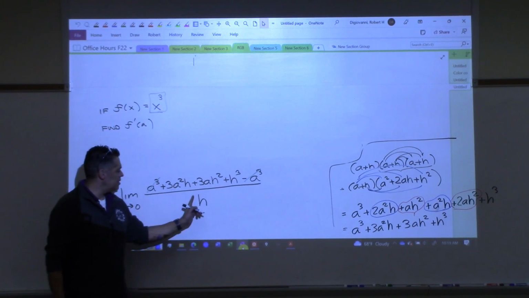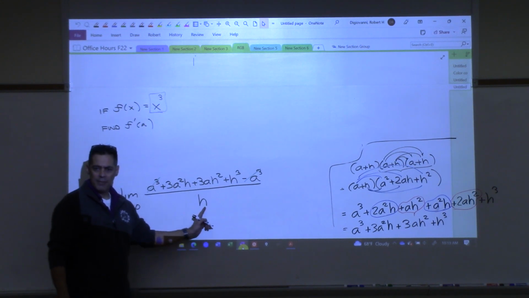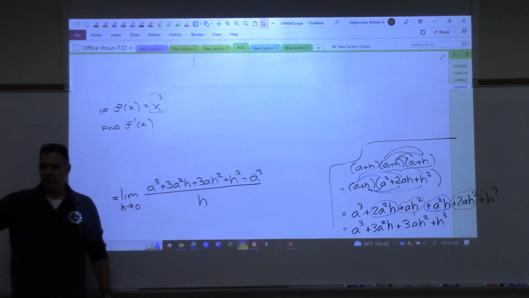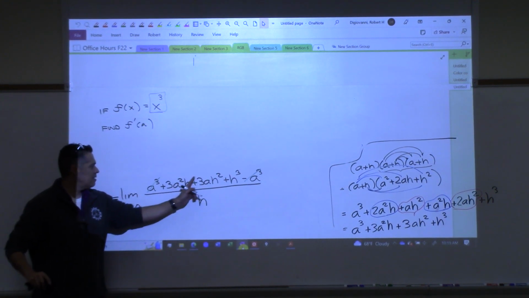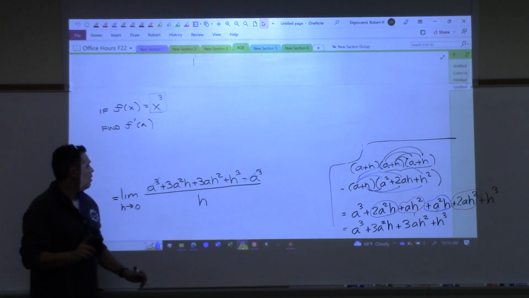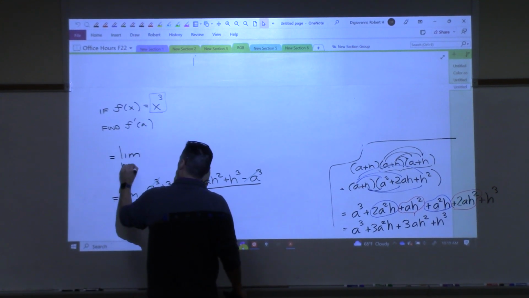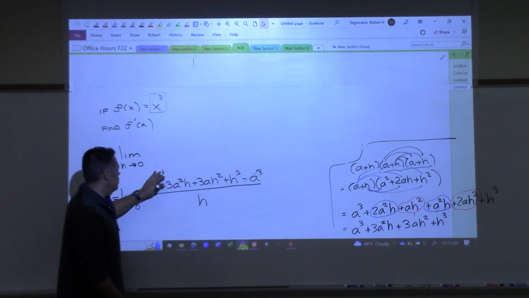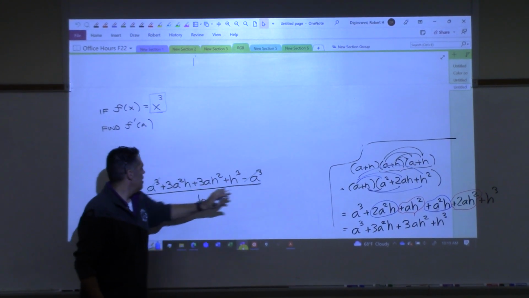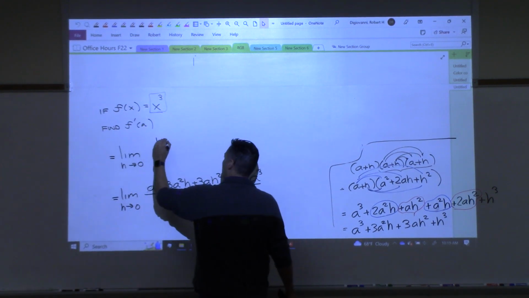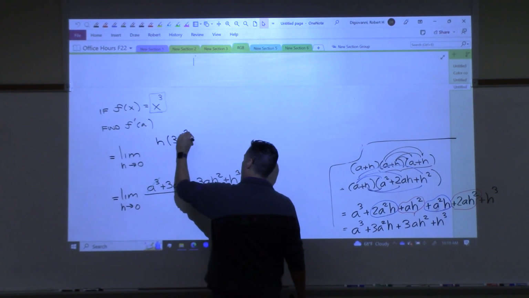Notice that our goal is to get the h to cancel. Do you see that everything that's left here has at least one h in it? There's an h here, h squared, h cubed. So watch what I do on the next line. I'm going to put it above this one. In the numerator, because the a cubes are gone, those 2 are gone. I'm going to, out of these 3, pull an h out. I'm going to factor like a GCF, that's what we call it in college algebra, greatest common factor.